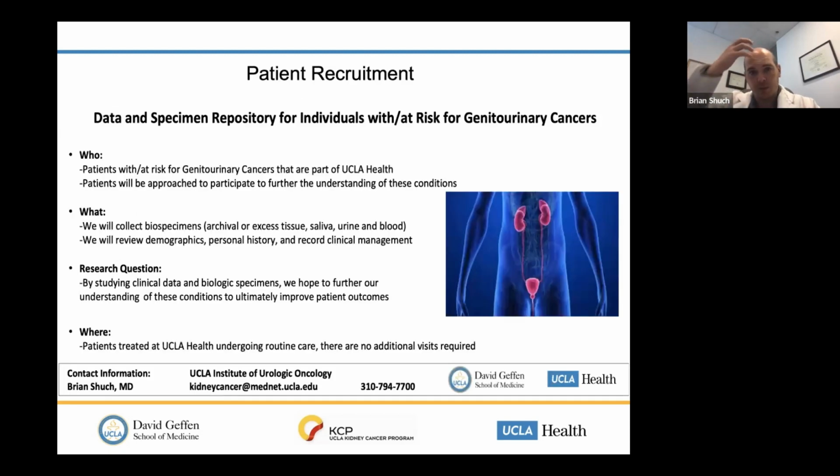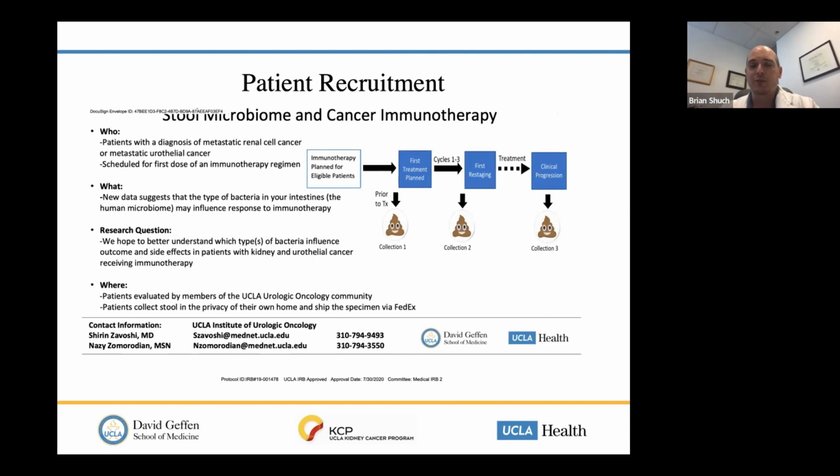For patient recruitment, obviously you might need something flashy, if you send them information or a handout in clinic. We have a nice handout over here. It was my career goal to have a recruitment flyer with the poop emoji. This is something you might never see again, but we have a stool microbiome collection as part of our tissue repository, our biospecimen repository.